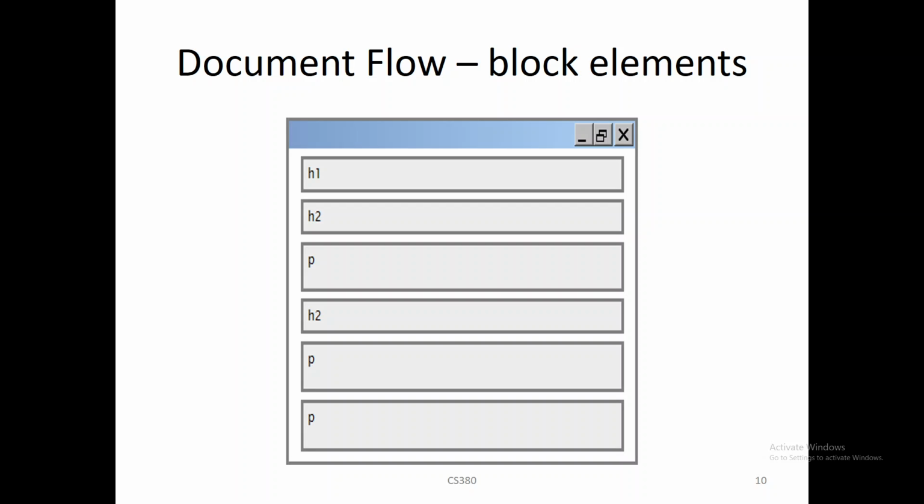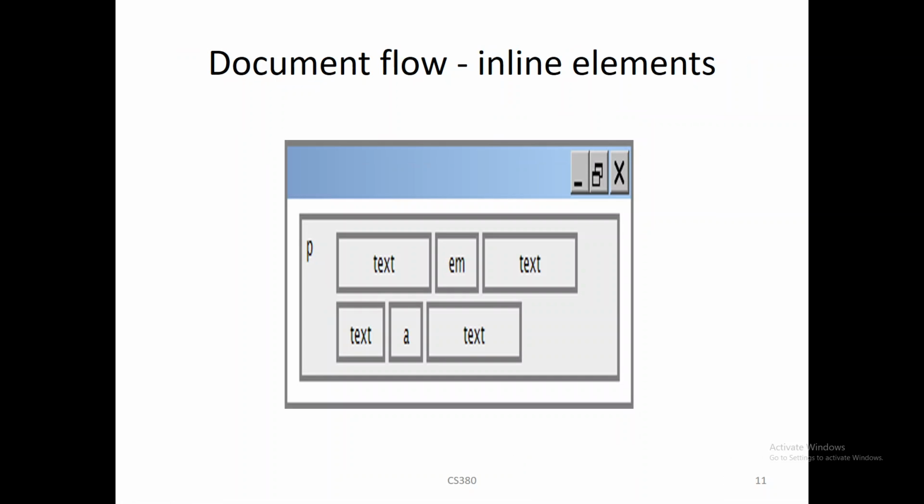Okay, so the document flow, we said it goes in a vertical direction for block elements. And we also know that inline elements are arranged in a horizontal direction, like the text, or inline elements like emphasis em, or even the hyperlink or anchor, right?